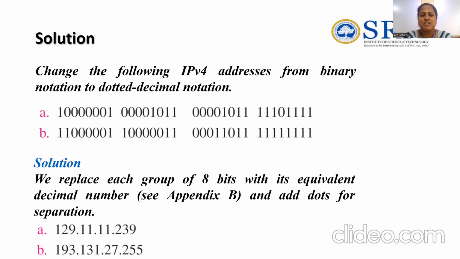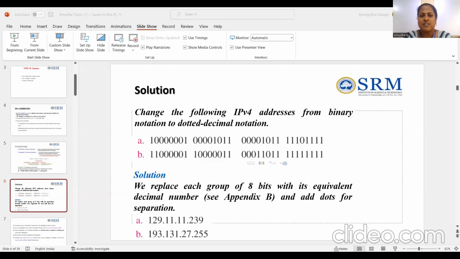First, take the first problem. The given number is written here. It is 4 bytes of data. Consider the first byte. Here I applied the 8421 code, so the particular decimal values are added.